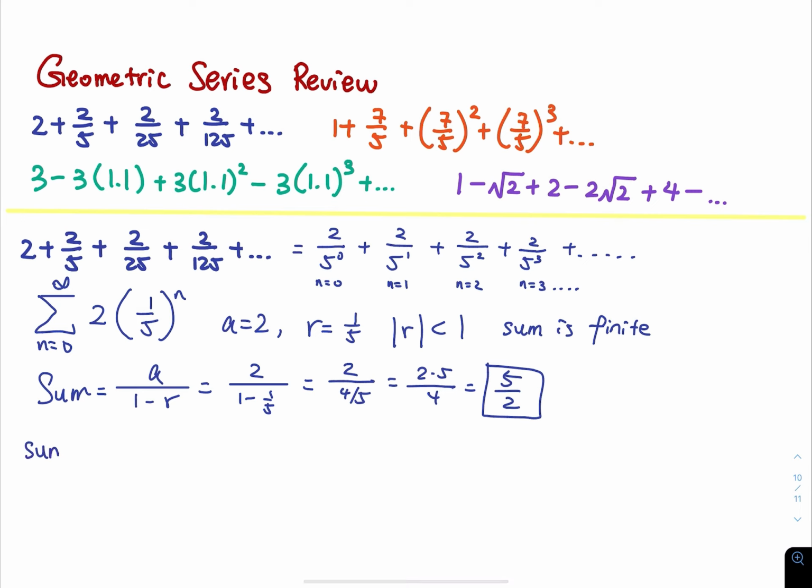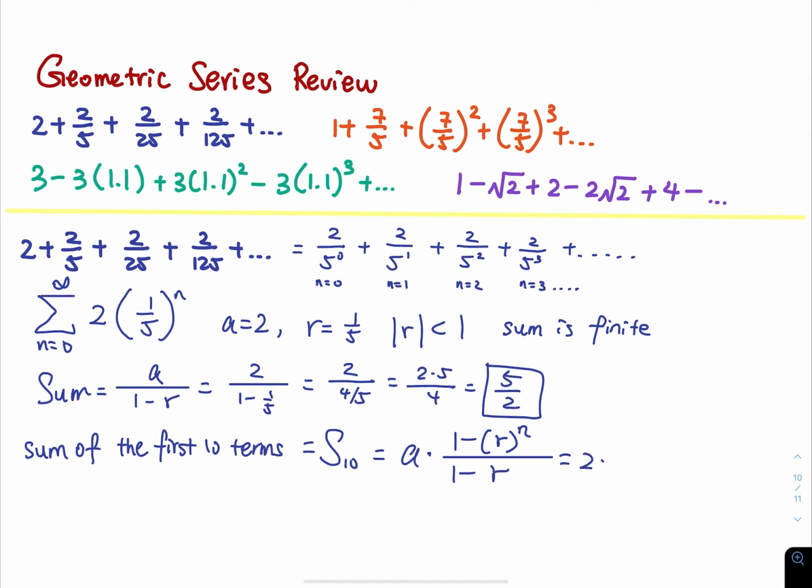So let's say the sum of the first, let's do 10. So the first 10 terms. And then what is the formula? The formula is S, and then the subscript is 10 terms. That is equal to a multiplied, so this is a multiplication, I'm going to draw a dot for multiplication, by 1 minus the common ratio raised to the nth power divided by 1 minus the common ratio.